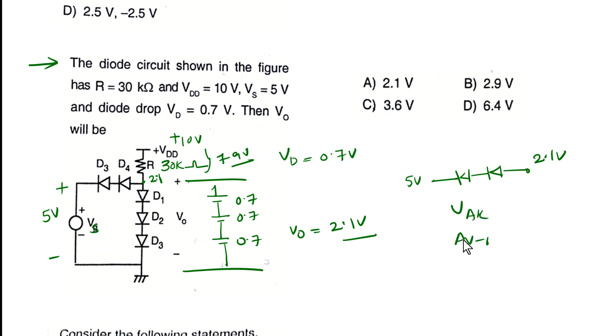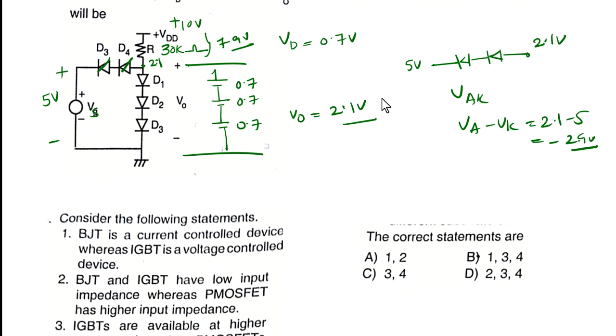So VA minus VK, 2.1 minus 5, it is minus 2.9 volts here. That means negative, so diodes D4 and D3 are in off condition. So V0 will be equal to 2.1 volts. So by directly looking at the question itself we can answer.